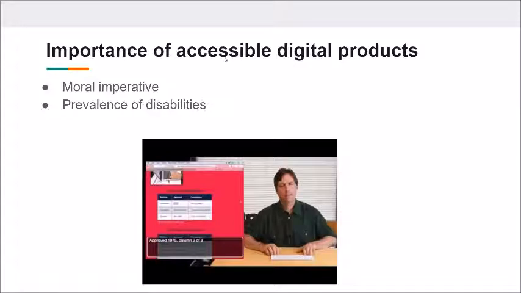So why are accessible digital products important? Well, firstly, there is a moral imperative to make pretty much anything accessible. It's the right thing to do, and I don't think that many people would argue against that. Secondly, and unfortunately, the part that will motivate businesses to be more proactive about this issue is that disabilities that affect the way people interact with the internet are actually prevalent.